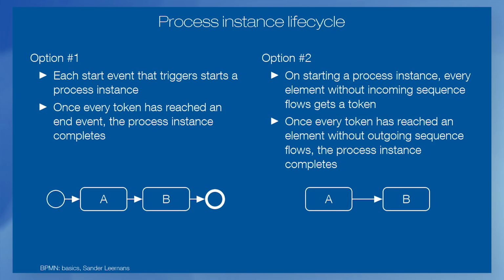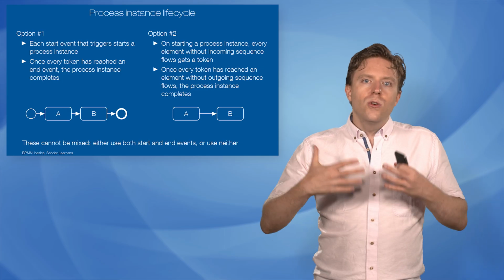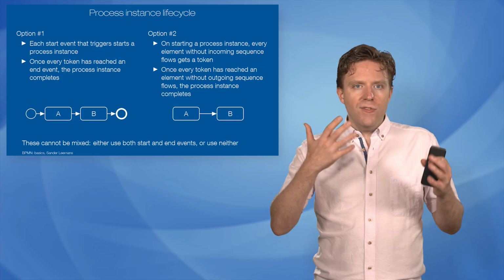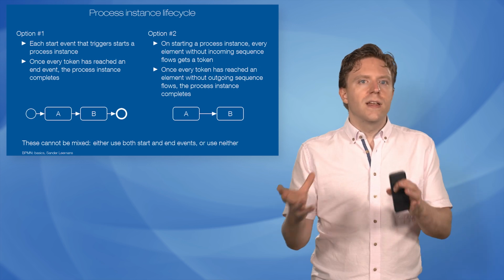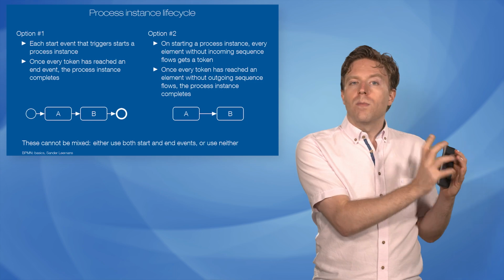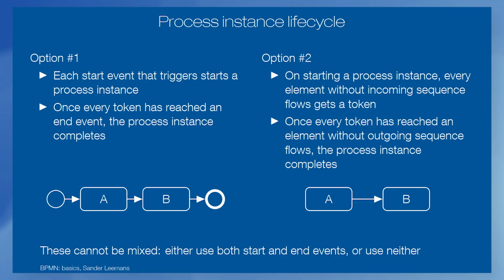These are two ways to start a process instance and to end a process instance. And again, you cannot mix them. So if your model has a start event or an end event, then it must have both, and then option 1 applies. If you don't use any start and any end events, then option 2 applies. So you cannot mix them in the same process.